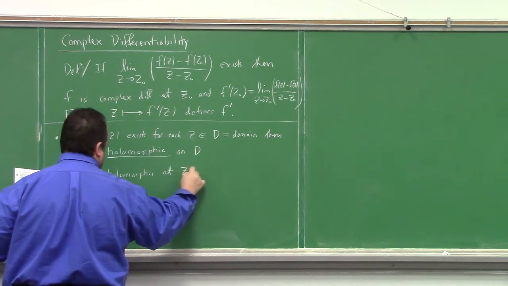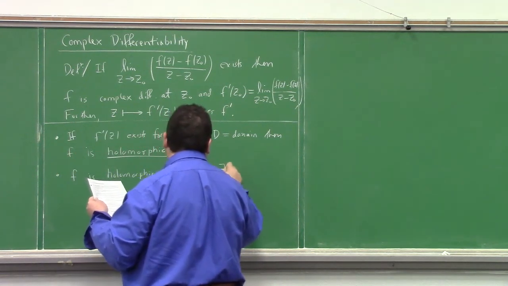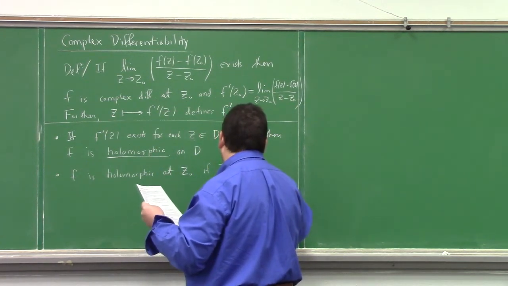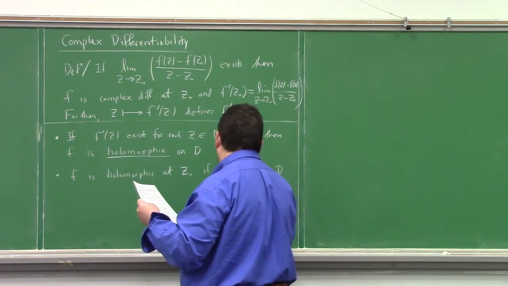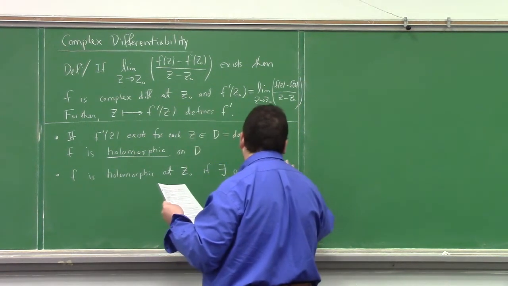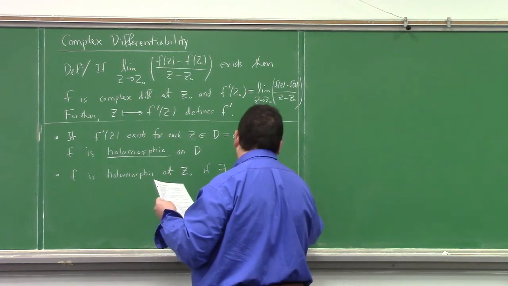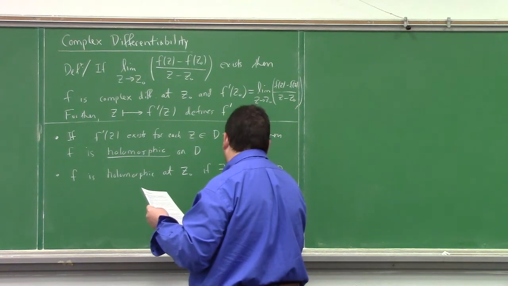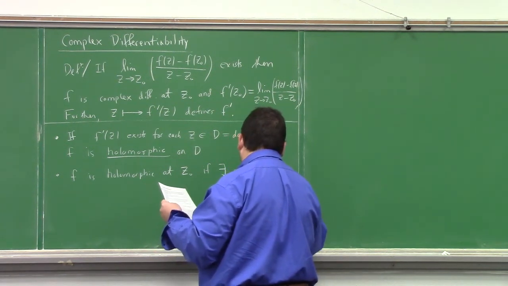at z naught if there exists an open disk centered at z naught on which f restricted to D is holomorphic.